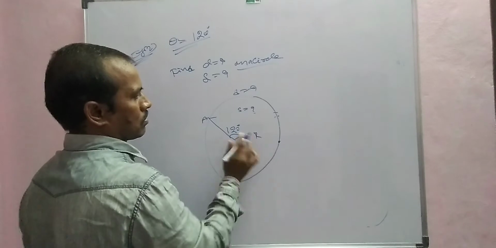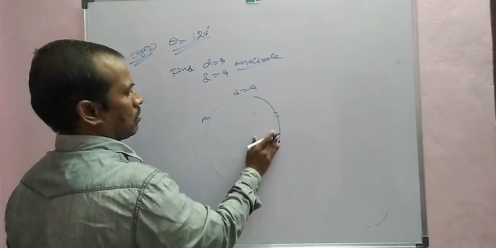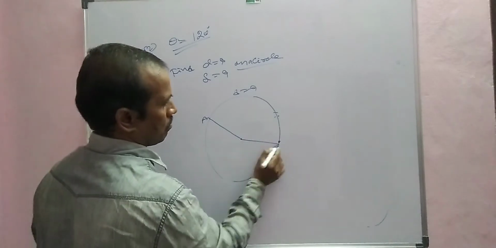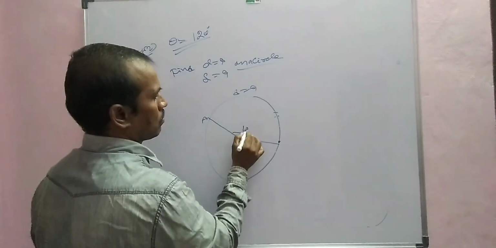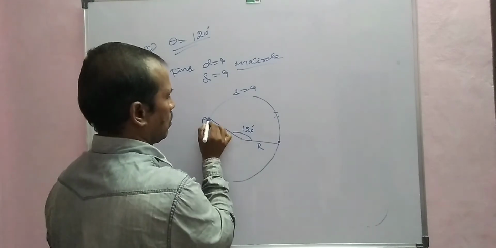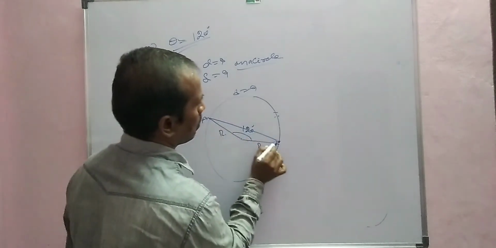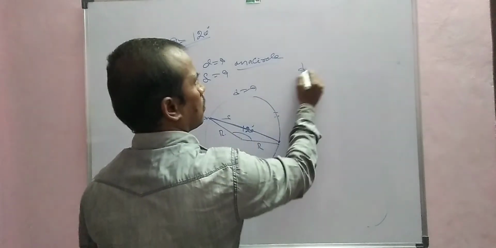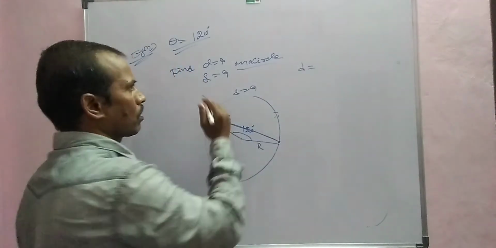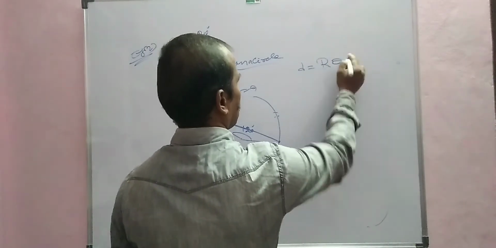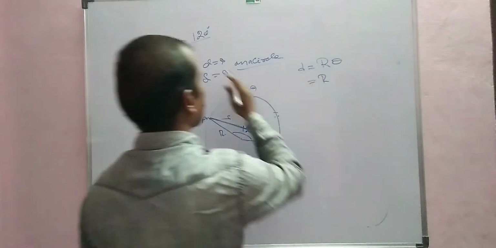This angle is 120 degrees, and this is r. The straight line AB is the displacement. First, the distance formula: D is equal to r theta, where theta is 120 degrees.